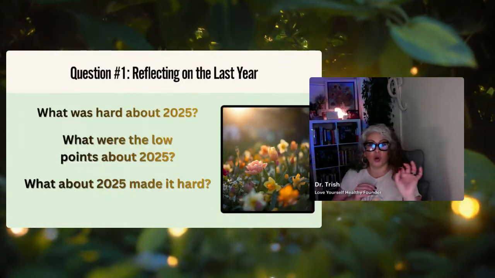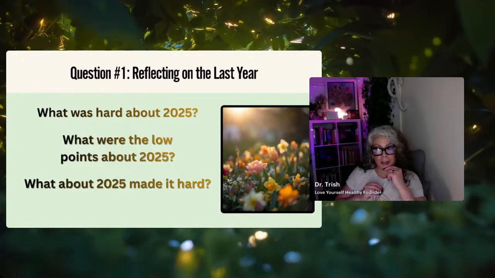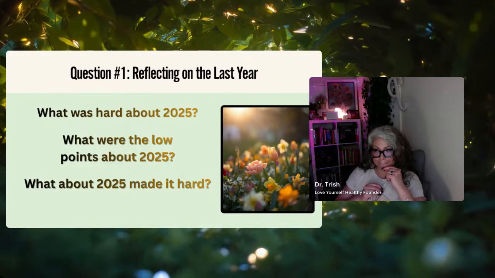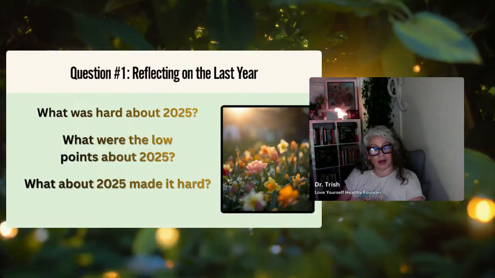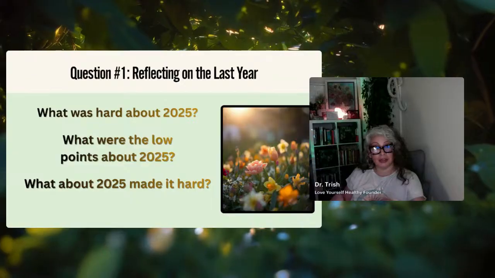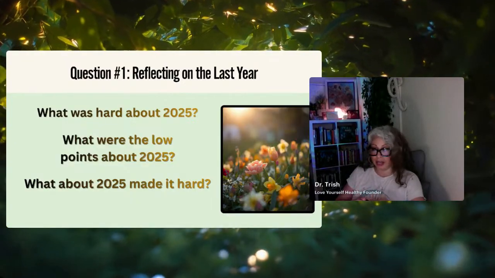So what were the low points about 2025 for you guys? For me, some relationship problems I had with my daughter. That season is over, thank you, Lord Jesus, because that was a long suffering kind of thing.